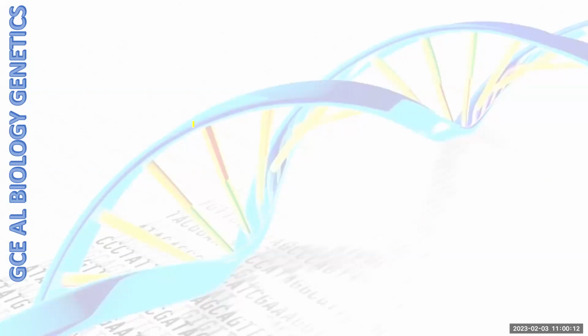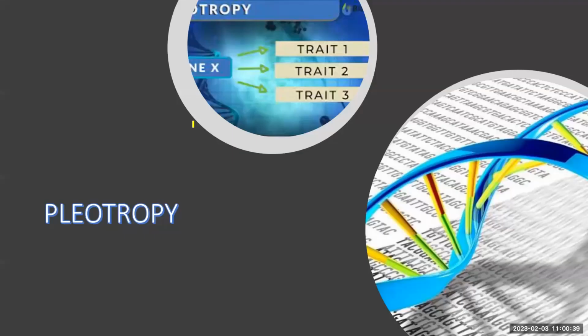So bleeding is one, just bleeding, but a person is showing many different problems: digestive system, reproductive system, respiratory system, heart, kidney. The whole body is involved, everything is affected. One gene, but many things are affected in the body. So this is pleiotropy.